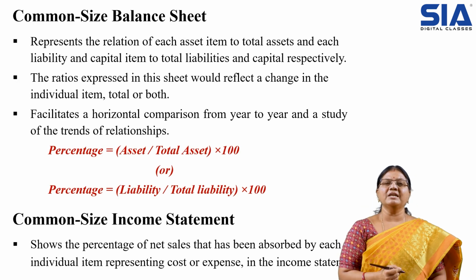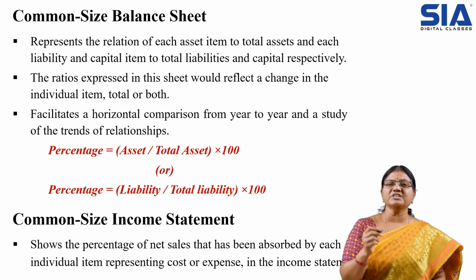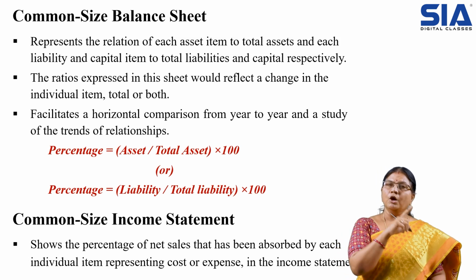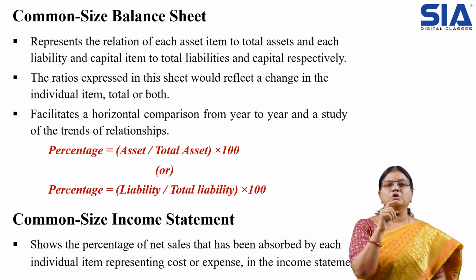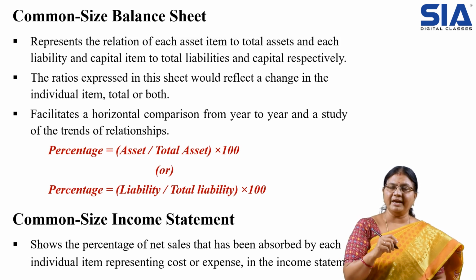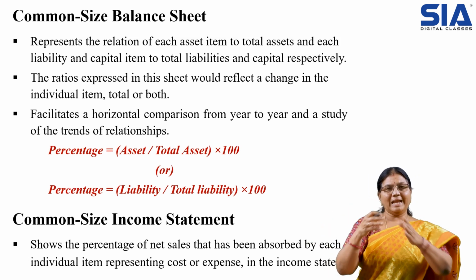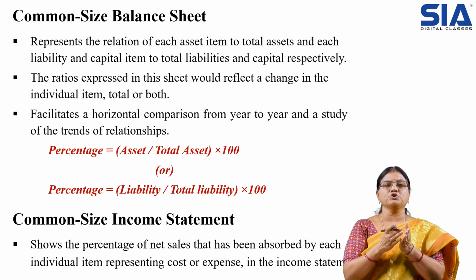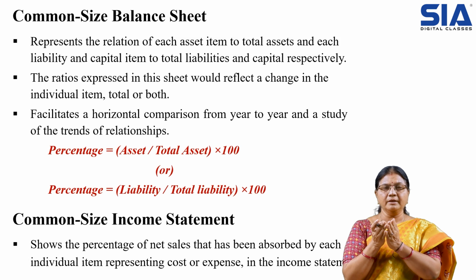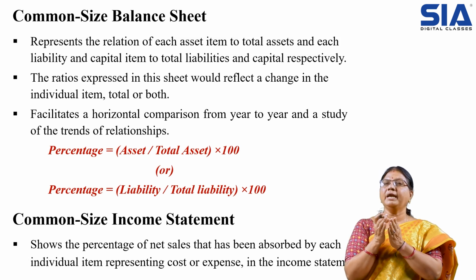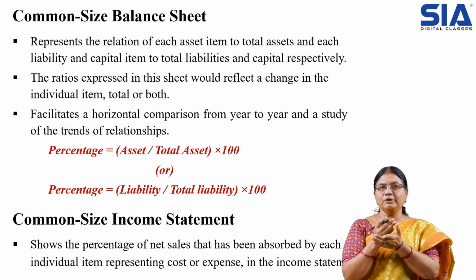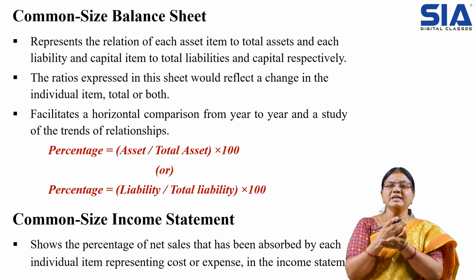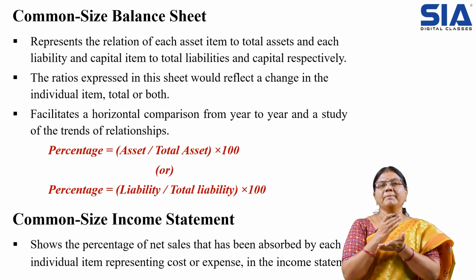The common size balance sheet represents the relation of each asset to the total assets. Total assets are treated as 100%, and out of that 100%, we find the proportion of each component. In a similar way for total liabilities, on the liability side we proportion each component. The ratios expressed in this sheet reflect the change of the individual item, so we know how much each item has changed, and it facilitates horizontal comparison from year to year.